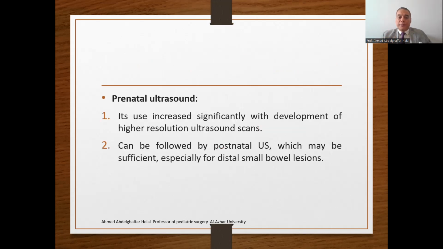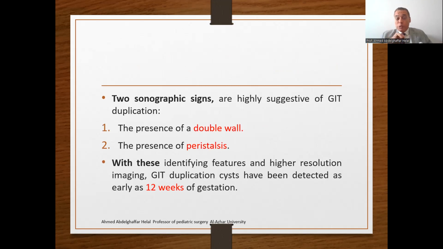Prenatal ultrasound use has increased significantly with the development of higher resolution scans. It can be followed by postnatal ultrasound, which may be sufficient, especially for distal small bowel lesions. Two sonographic signs are highly suggestive of gastrointestinal duplication.